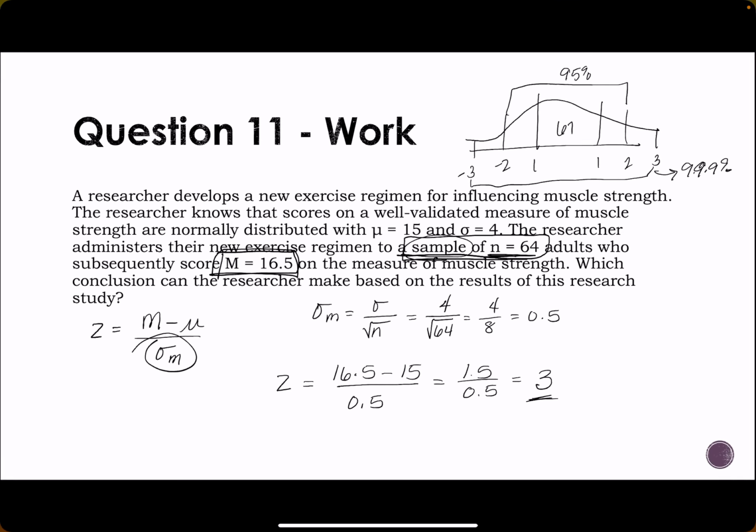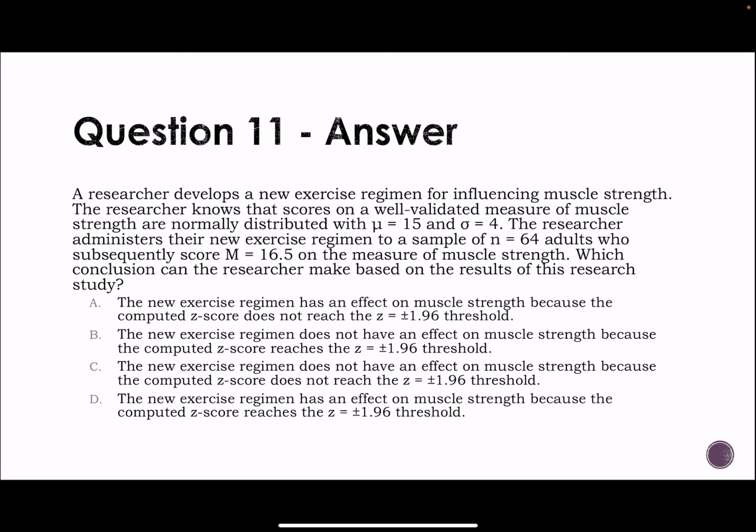So that means that if you're scoring at a z-score of 3, you're way out there on your measurement. Okay, if you're going beyond 3, that means you're only looking at 0.1% of the population scoring that high. That's significantly different. So let's go look at our options.